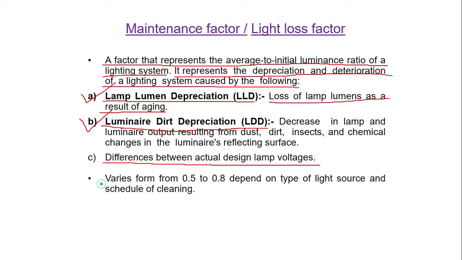So usually the maintenance factor varies from 0.5 to 0.8 and will depend on the type of light source and the schedule of cleaning, which we discussed in luminaire dirt depreciation.